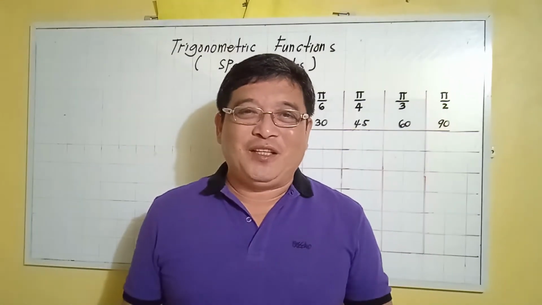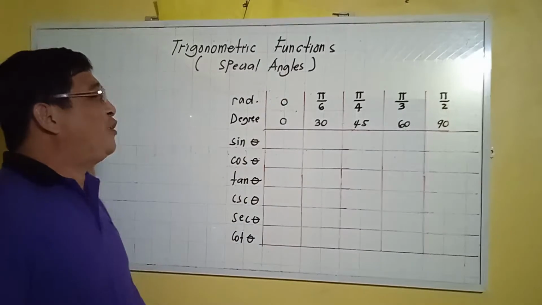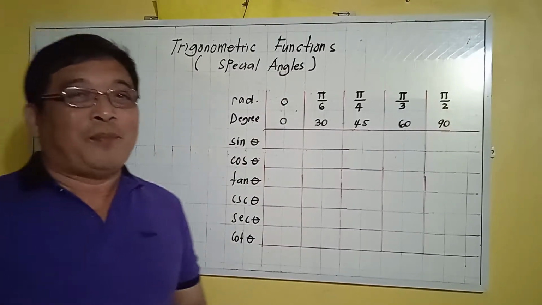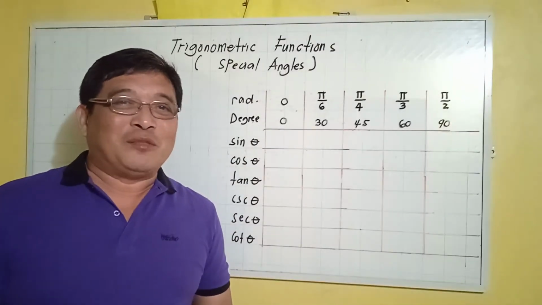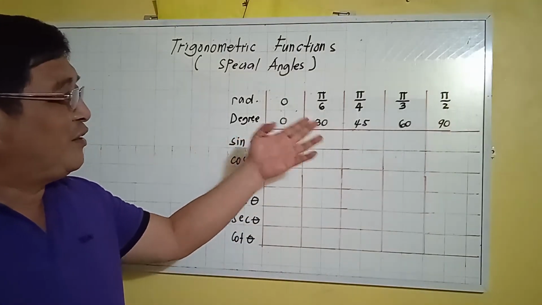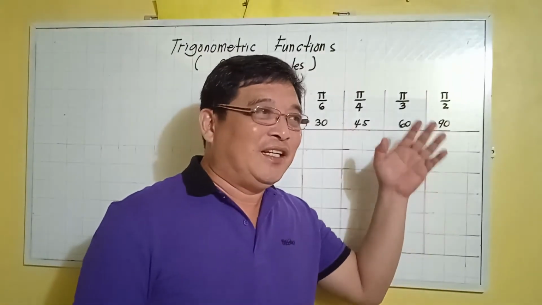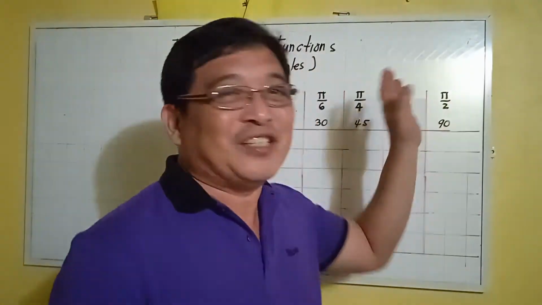Hello! For today's video, we're going to talk about this lesson, trigonometric functions, special angles. Ano ba yung mga special angles? Meron tayong 0 degrees, 30 degrees, 45 degrees, 60 degrees, 90 degrees, at meron pa tong kasunod.